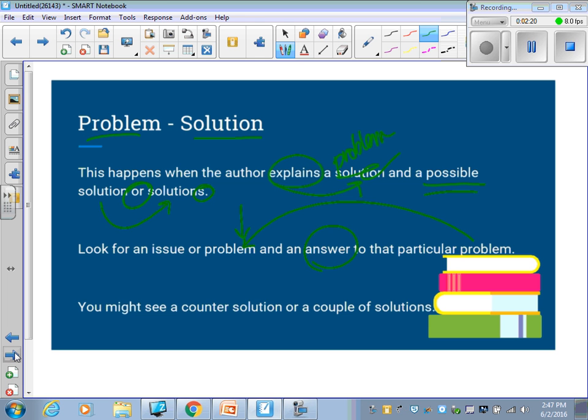You might see a counter solution, or a couple of different solutions. So you might have one problem and here's a possible solution, or this solution or this solution. So look for those things in a problem solution style text.